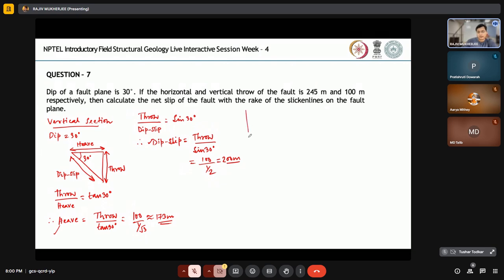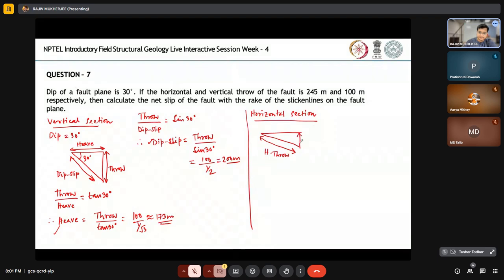Now if we talk about the horizontal section, so in the horizontal section, this is the horizontal throw. This is the heave, and obviously this is the strike slip.